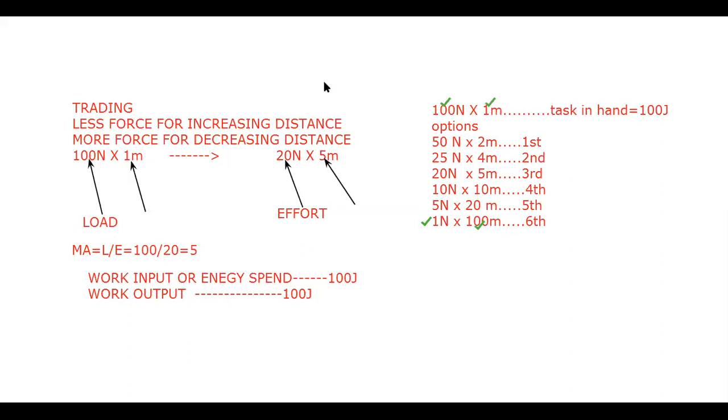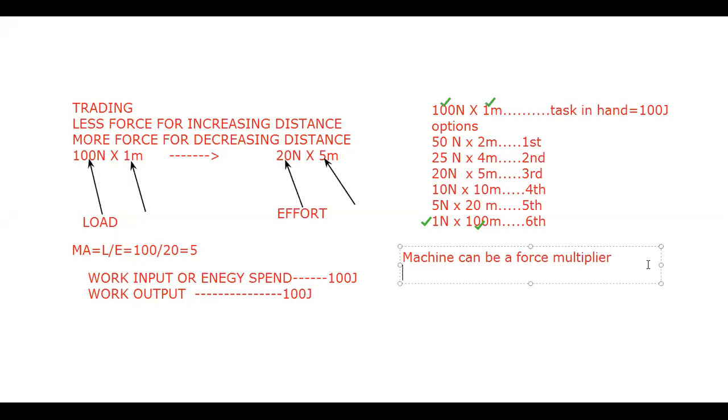Getting it? So basically what you are doing, you are simply exchanging. Understand, any machine can be a force multiplier. Yes, a machine can be a force multiplier, right?